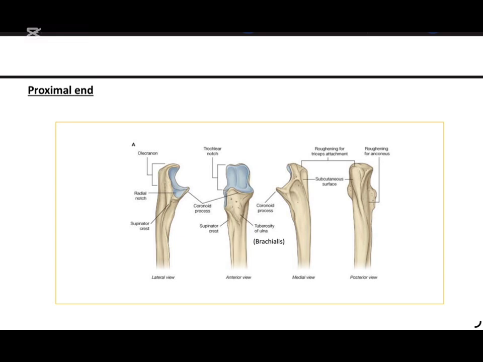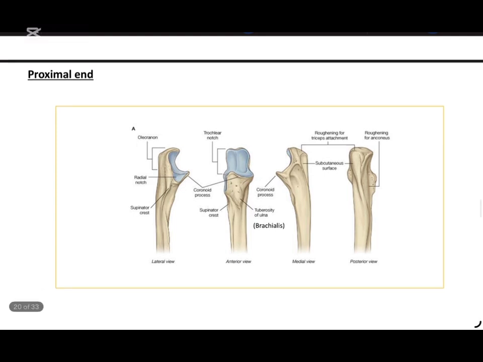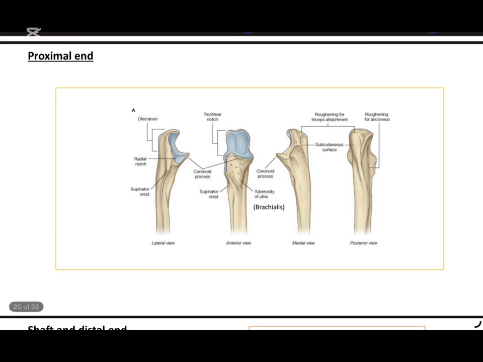It has two processes. Posteriorly here, this is the posterior of the ulna. I have a large process, we call it the olecranon process, which comes inside what? The olecranon fossa, located in the posterior aspect of the distal end of the humerus.